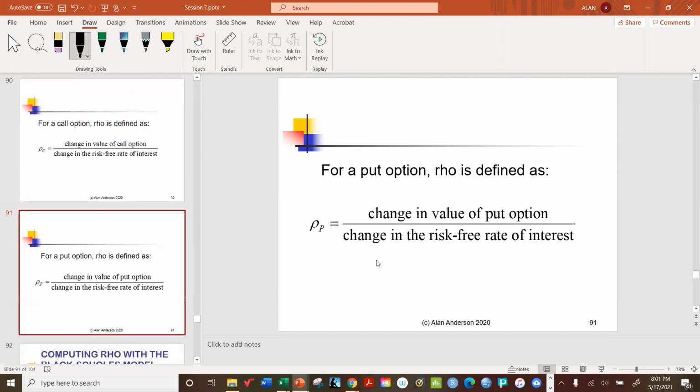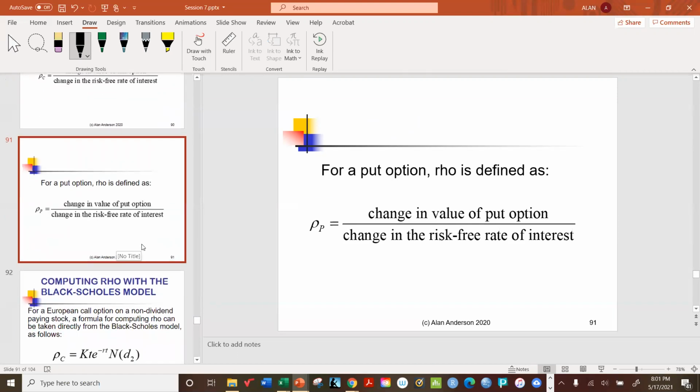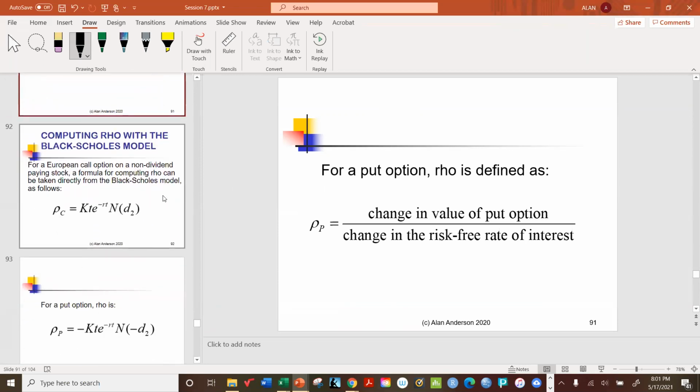And then for the put option, we just replace the numerator with the value of the put. Now, the formula taken from the Black-Scholes formula is very straightforward. It's not hard. In fact, really, the only hard one is theta.